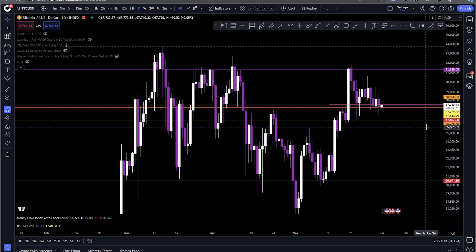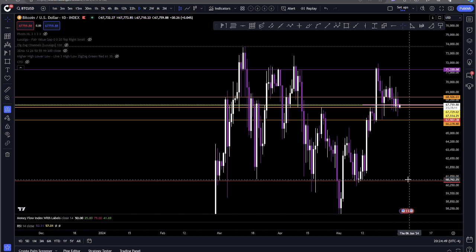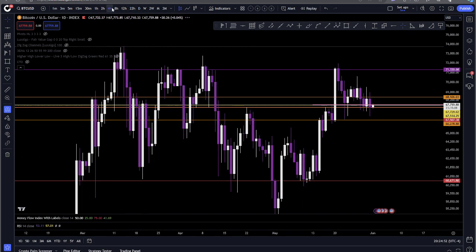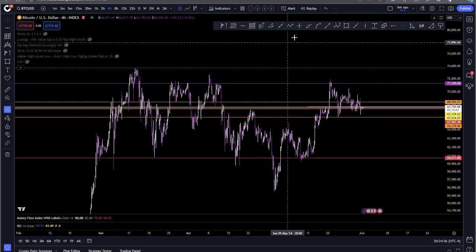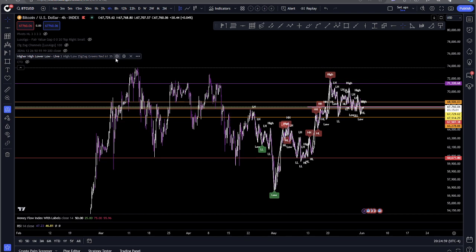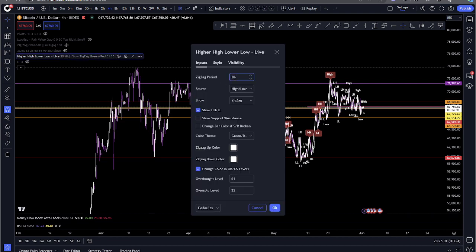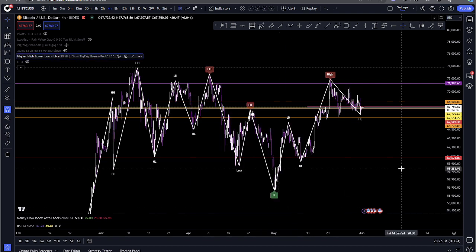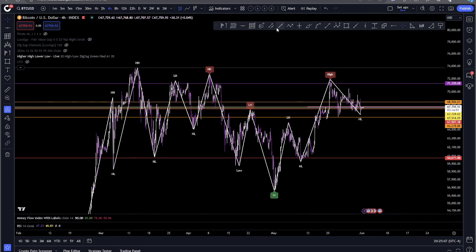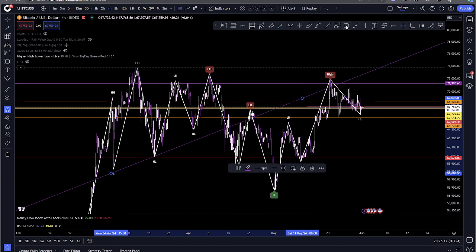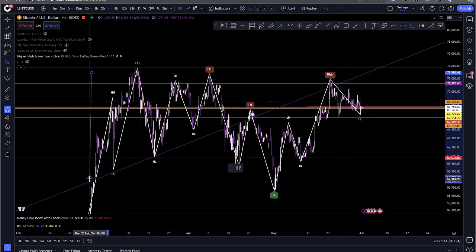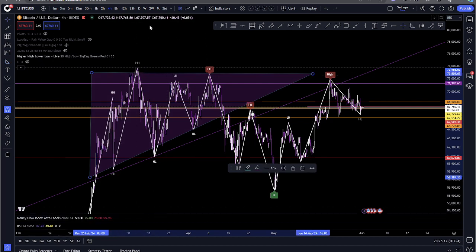So my 4 hours, or actually my daily here. So my daily, we set the range in my 4 hours here. Perfect. So on my 4 hours, I want you to use the higher high, lower low indicator, 30. It's important for you also to identify your contraction phase within contraction phases. So this was our first contraction phase here that broke to the downside, right? 1, 2, 3, 4, 5, it came down.